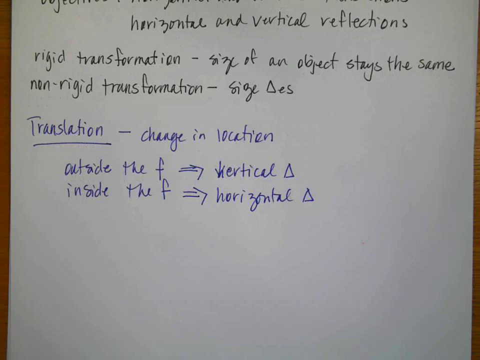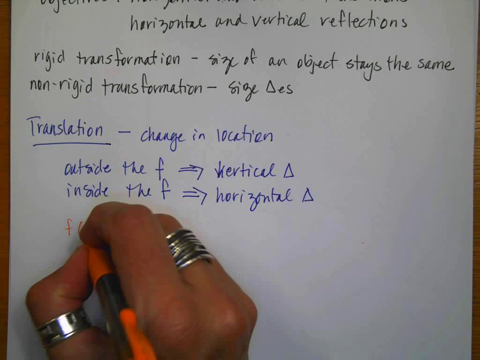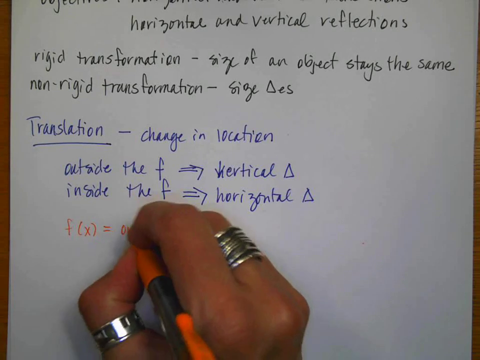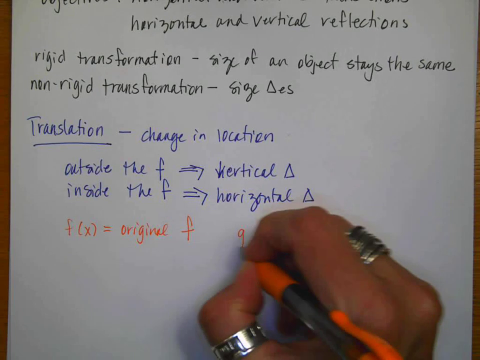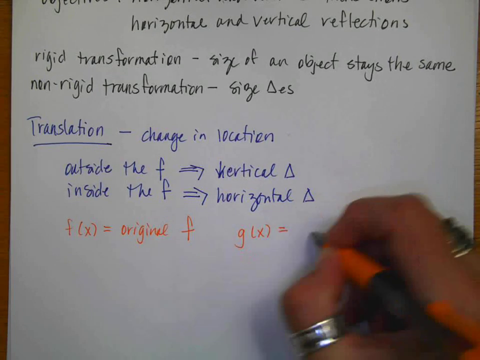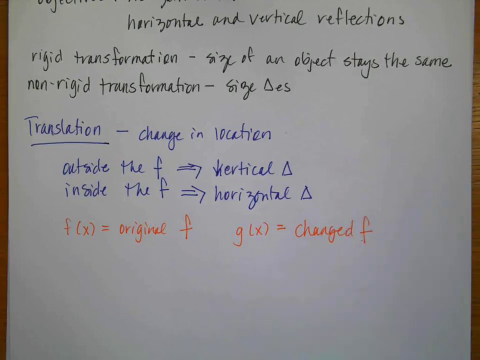All right, so as we have these discussions, just for purposes of clarity, f of x is going to equal the original function, and then g of x is going to equal the changed function, okay?